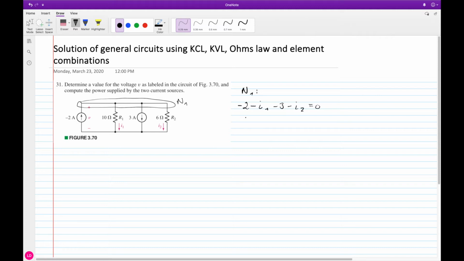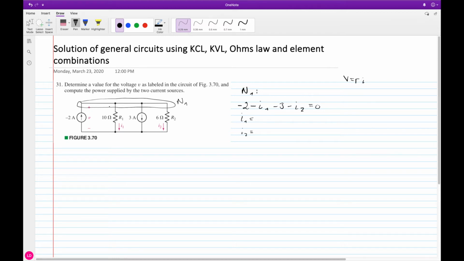So let us find the value of I1 and I2 in terms of other elements. For this purpose, I'm going to use Ohm's law, which is voltage equals resistance times current. So let's just get I1.